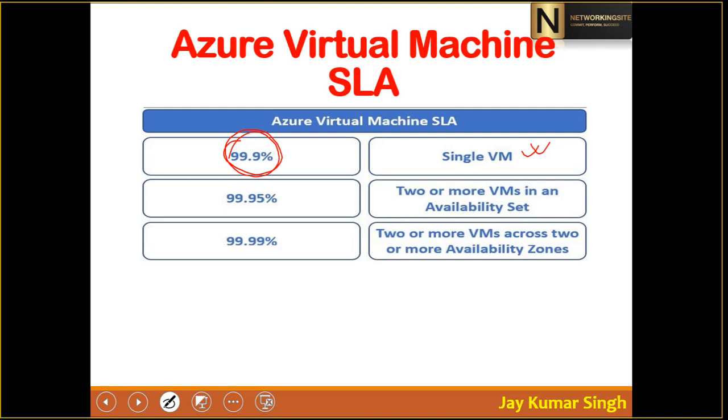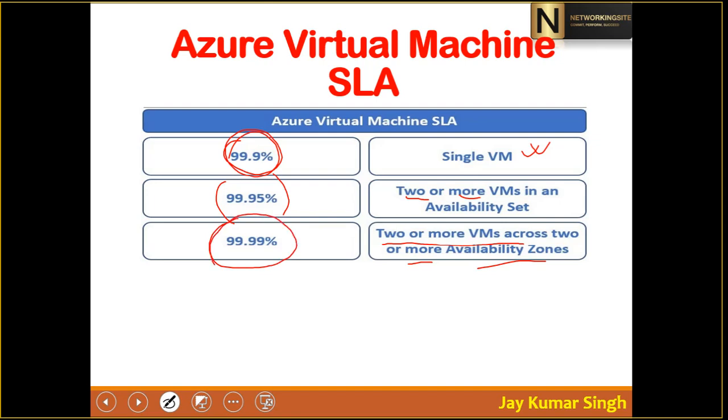Even with a single VM, Microsoft will provide 99.9% availability. But if you create two or more, it will provide 99.95% availability. Or if you create two or more VMs across two or more availability zones, meaning availability sets and availability zones both, then you will have 99.99% availability of your servers.